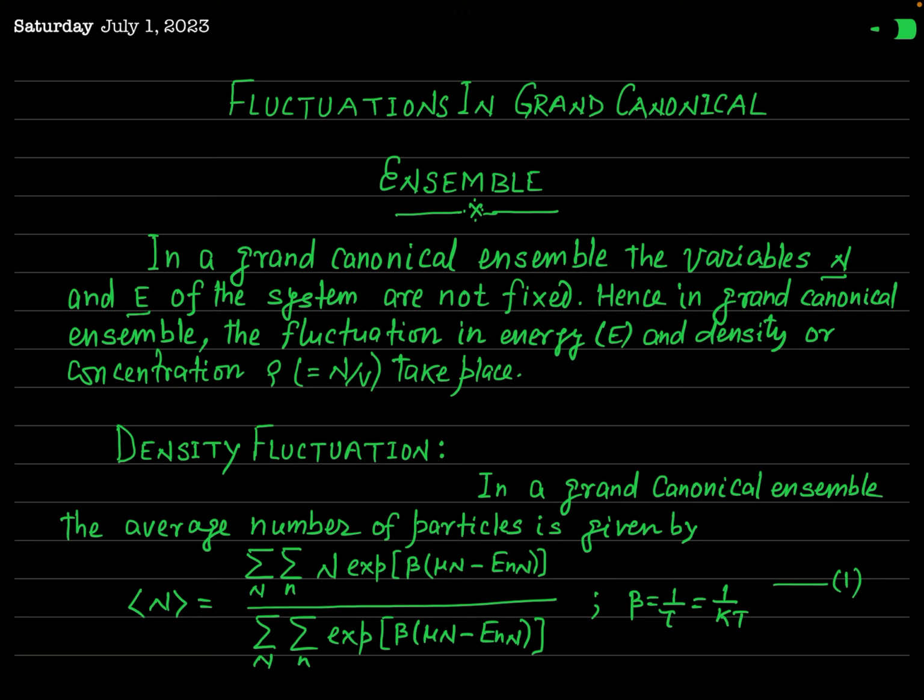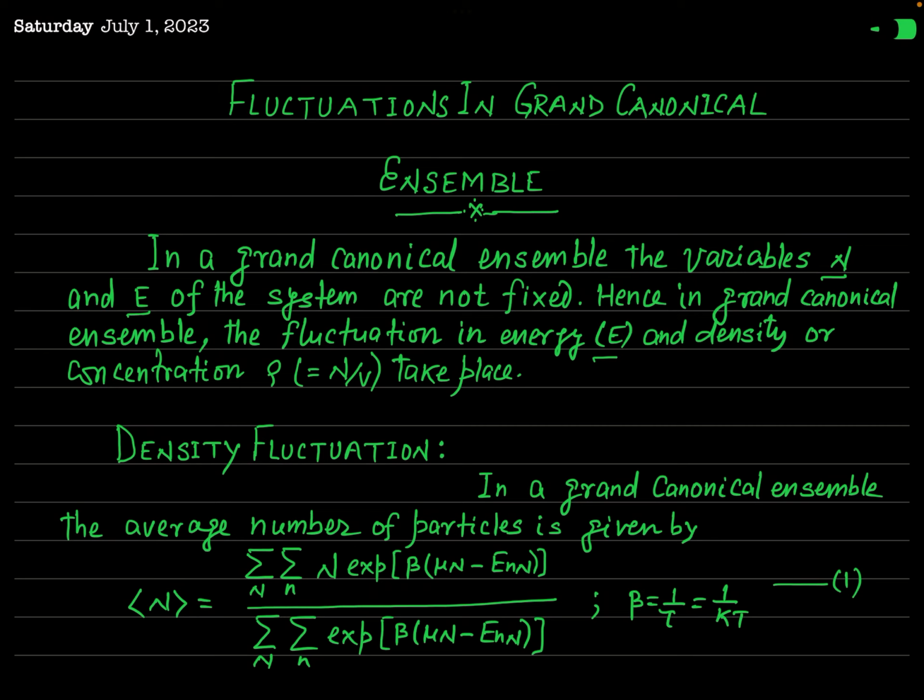So you can say in case of grand canonical ensemble, two fluctuations take place. First one is fluctuation in energy E, and the other is the fluctuation in the number density, or you can say the number of particles, or simply density or concentration.